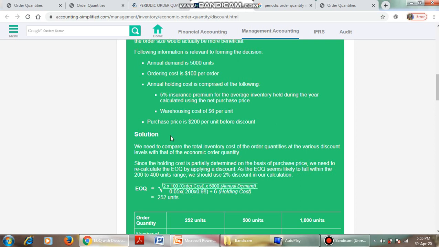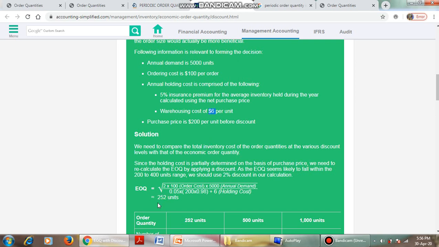What is this 200? The 200 is the price per unit. And 0.98 is the discount factor, plus 6 is his holding cost. He has given that for holding one unit, the cost is $6.